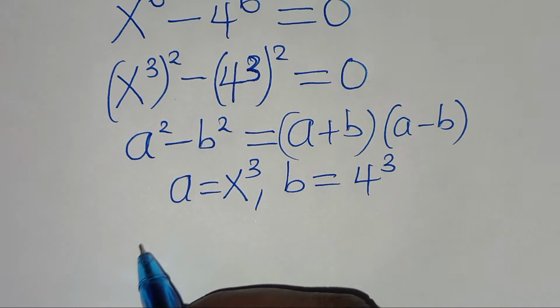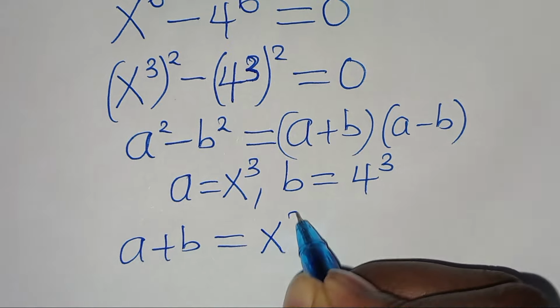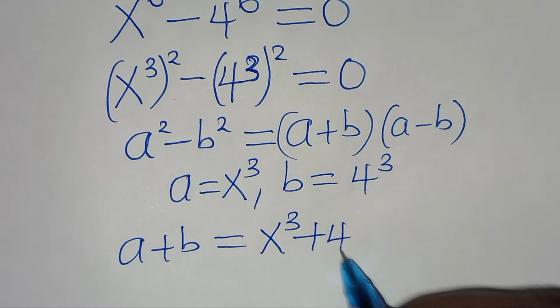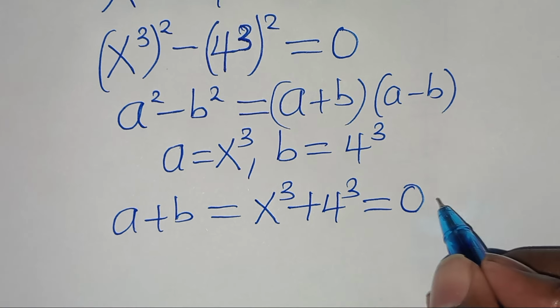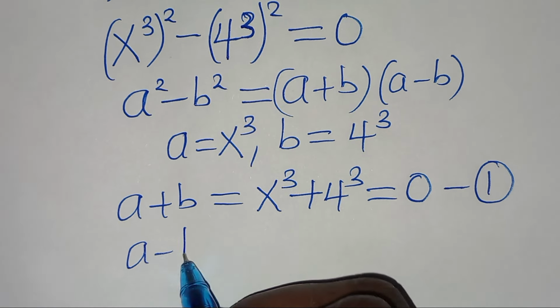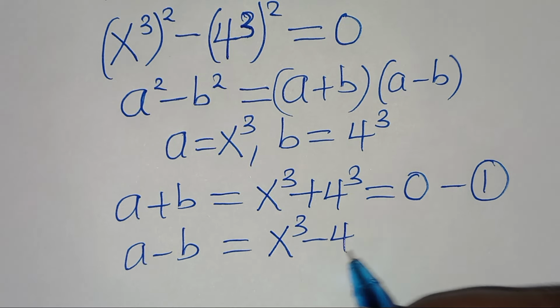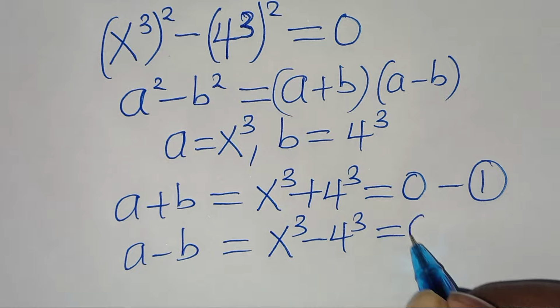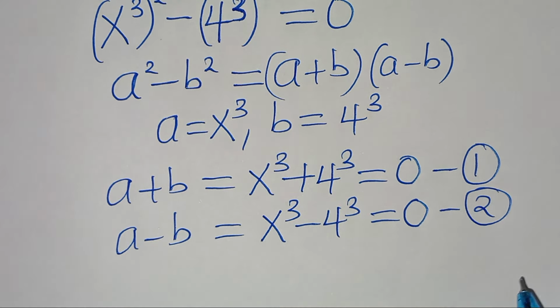So this implies that a plus b, which is x to the power of 3 plus 4 to the power of 3, is equal to 0. Let's call this equation 1. We have a minus b, which is x to the power of 3 minus 4 to the power of 3, equal to 0. Let's call this equation 2.